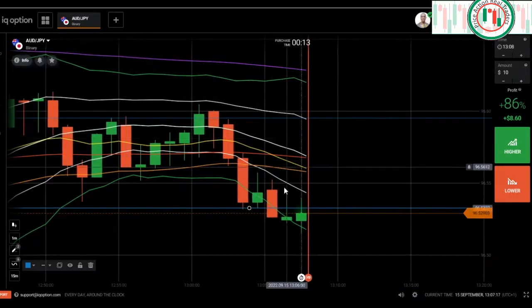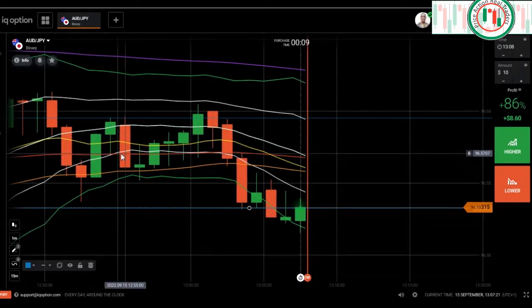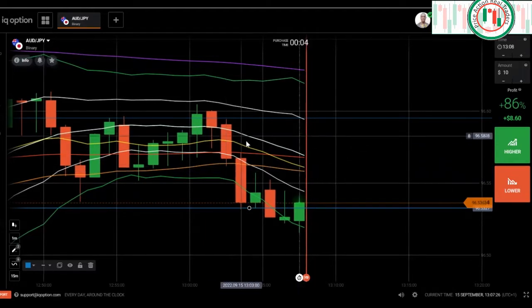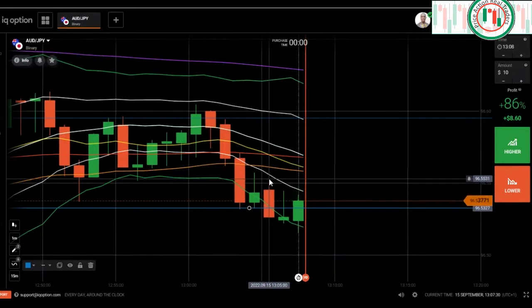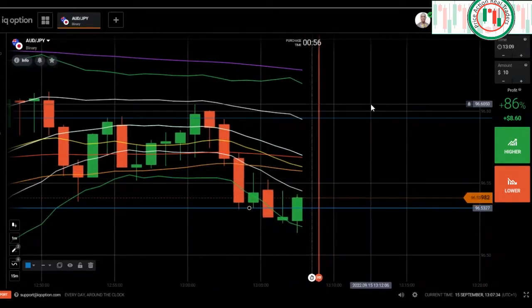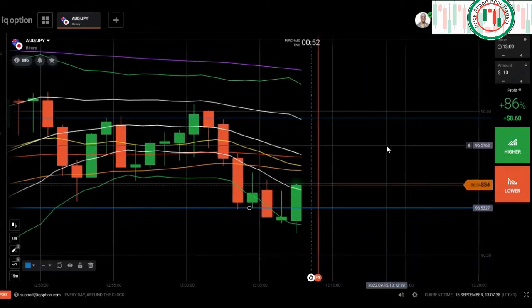So I will wait for market to close inside my zone because of, you see, flat 100, flat 50, and you see 20 is crossing 50. So here is strong zone, you see engulfing. So let's wait for this candle to close.